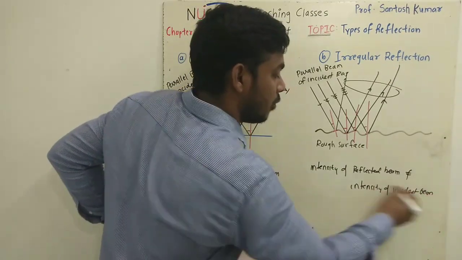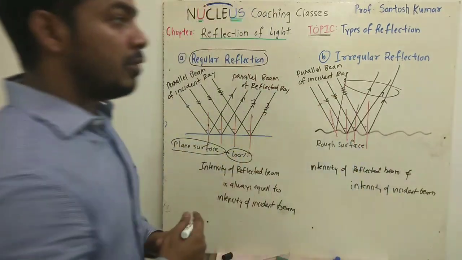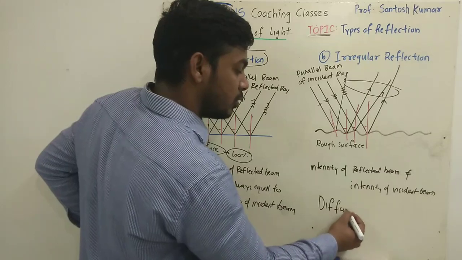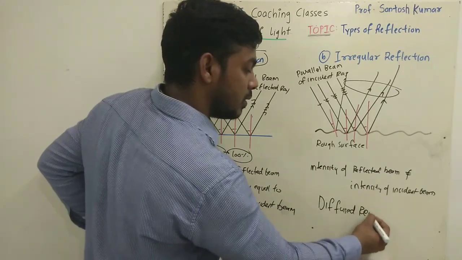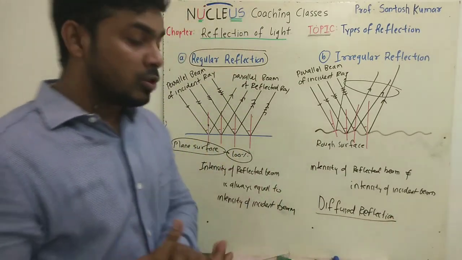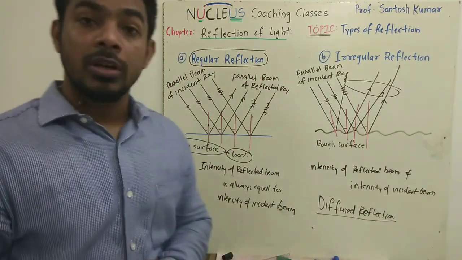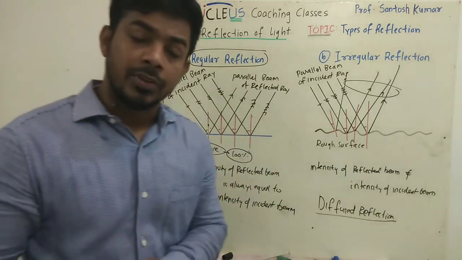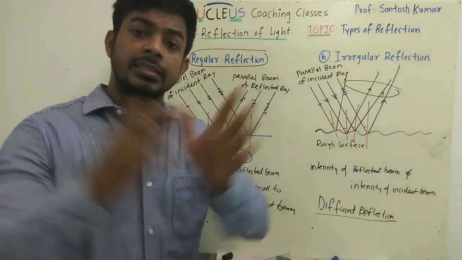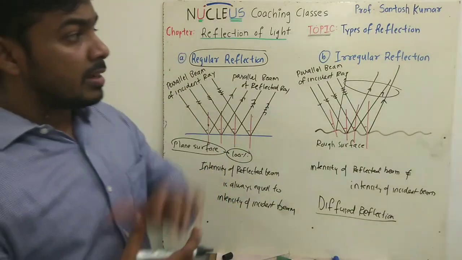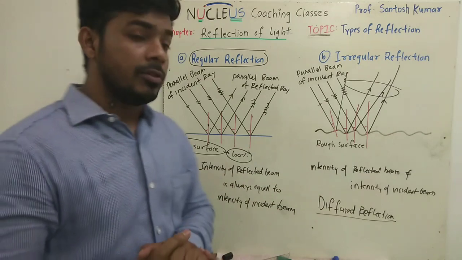Such a type of reflection you can also call diffused reflection. Diffuse reflection is another name for irregular reflection, where a parallel beam of incident rays, if it strikes a surface, after getting reflected gets scattered or dispersed in different directions. Such a reflection is called irregular or diffuse reflection.